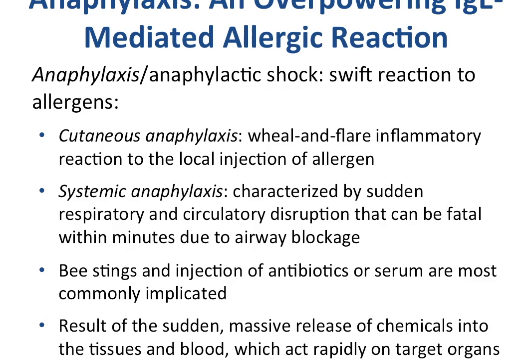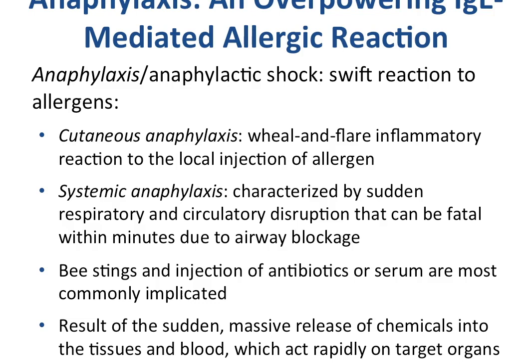Anaphylaxis or the anaphylactic shock is a very severe allergy. So we have the cutaneous anaphylaxis, where the patient will have the skin rash, or the systemic anaphylaxis. So the patient may have respiratory symptoms and circulatory symptoms.